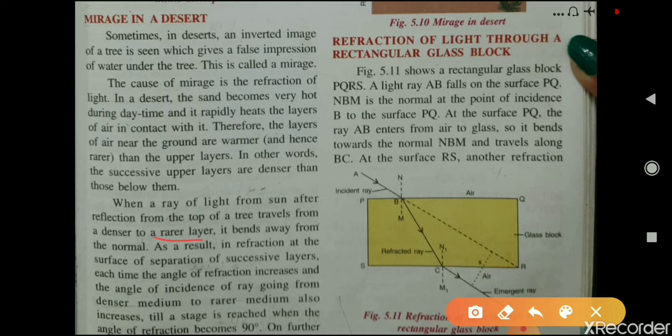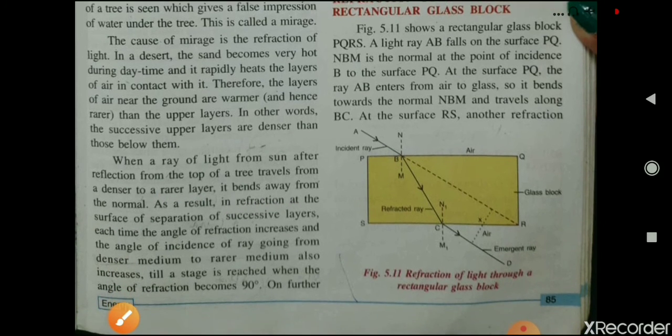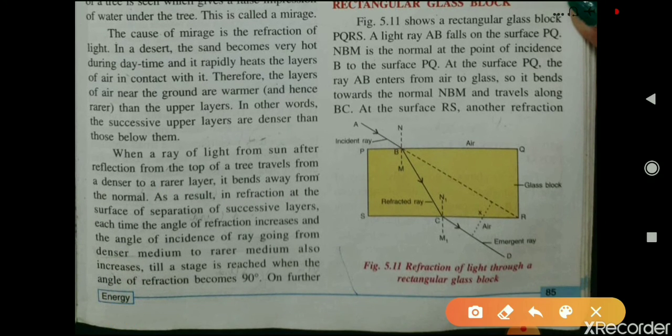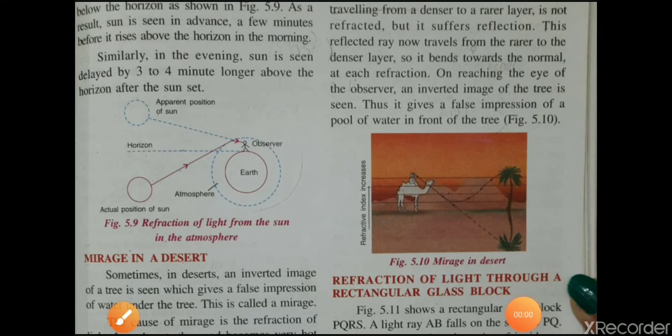As you know, when a light ray refracts from a denser to a rarer medium, it bends away from the normal. As a result, at the surface of separation of successive layers, each time the angle of refraction increases, and the angle of incidence of the ray going from denser to rarer medium also increases, till a stage is reached when the angle of refraction becomes 90 degrees, as you can see in this picture.